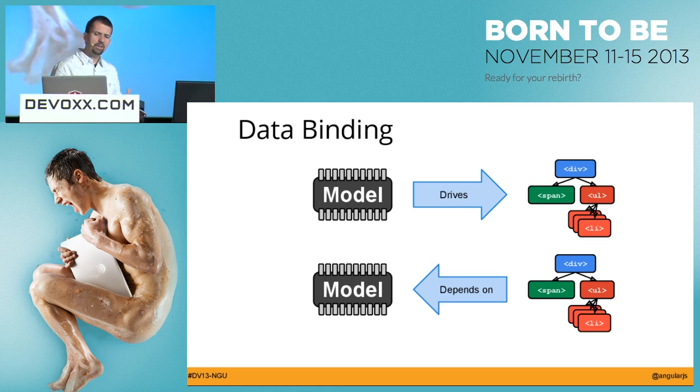But there is this other thing, which is that we don't actually want the model to be aware of the DOM. We actually want the dependency to go the other way around. We want the DOM to be aware of the model, but the model should be blissfully unaware of this. And the requirement for this is that any kind of object can be a model.